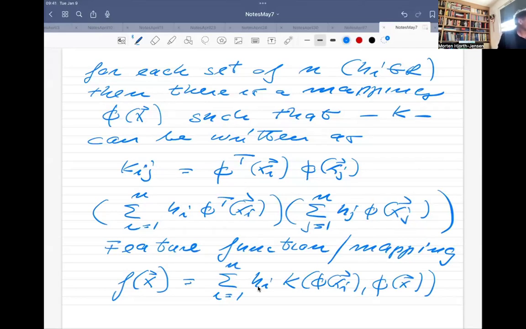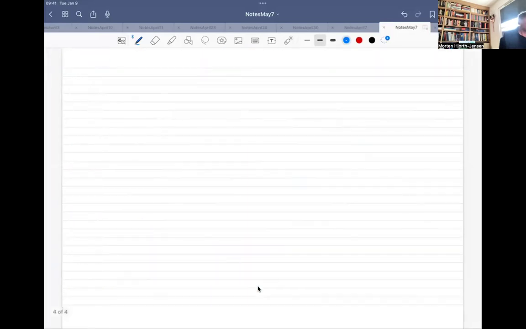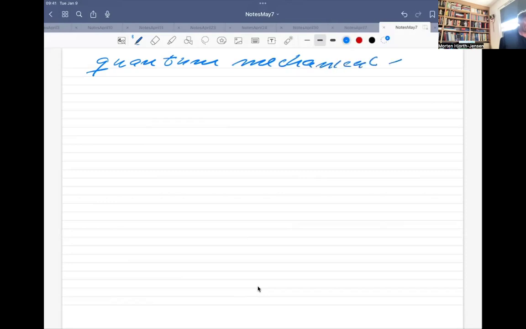And this function is something which we can make a quantum mechanical equivalent of. So typically what we ended up with when we made a quantum mechanical equivalent, and we discussed some simple cases last time, means that we translate our x of i over to a phi of x of i.